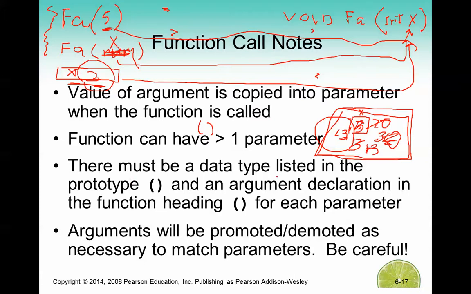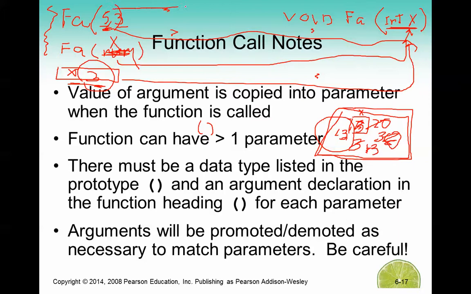Arguments will be promoted or demoted as necessary to match parameters. If I'm going to be sending to FA, let's suppose that I have a 5, comma, and then I have a 3. I have two arguments right here, a 5 and a 3. So I need two parameters here. I only have one.